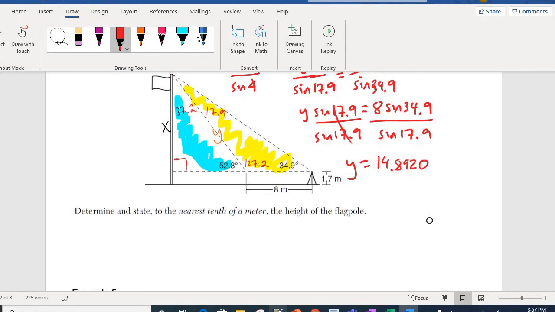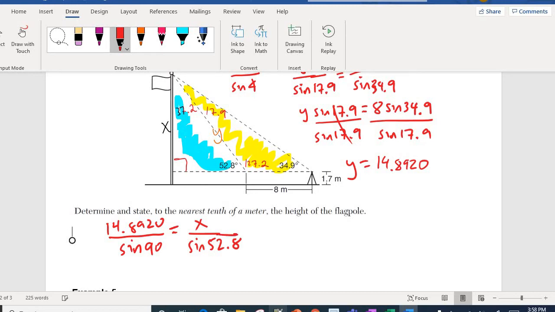So now let's use the side that we know, 14.8920 over the sine of, in the blue triangle, opposite that is 90. X is the side we want to find, and that's going to be across from the angle of 52.8 degrees. So 14.8920 over the sine of 90 equals x over the sine of 52.8.